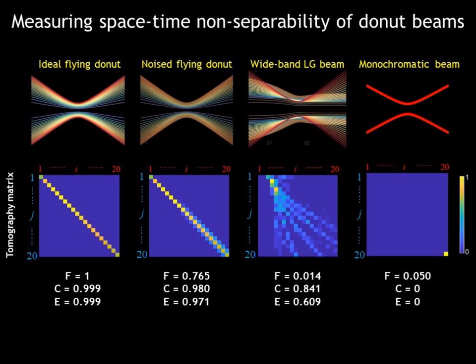That means the ideal non-separability is perfect. That is decreased for the noised flying donut, and further decreased for the LG beams. And as an extreme case of monochromatic beam, the concurrence and EOF are exactly 0.